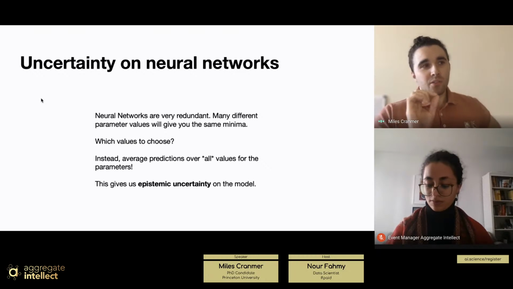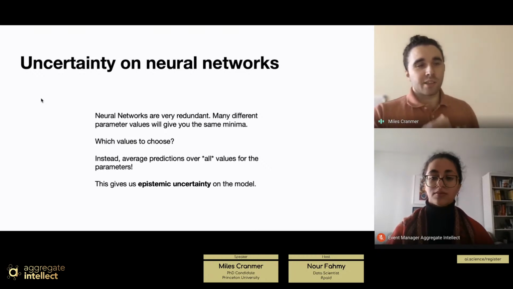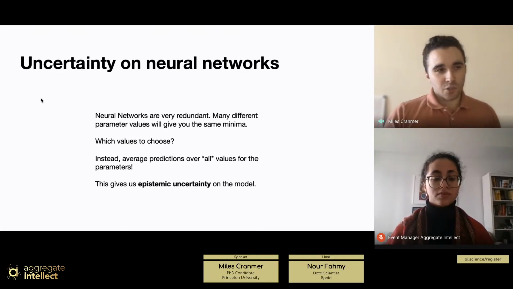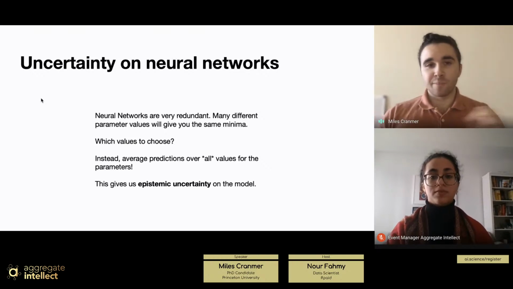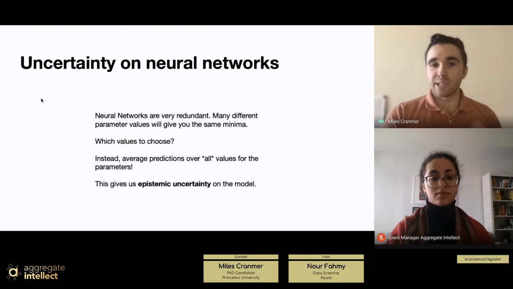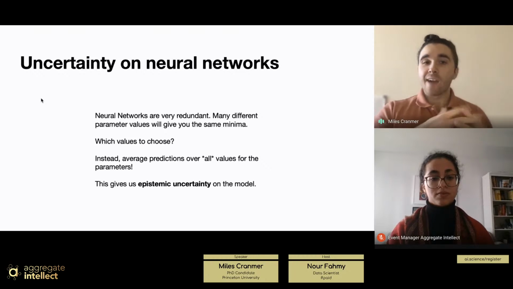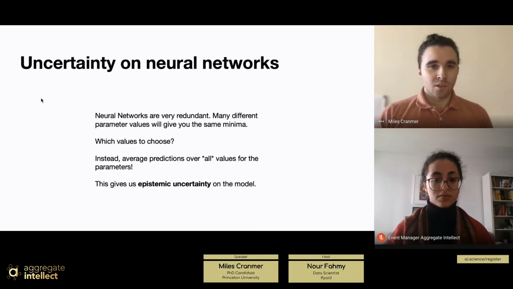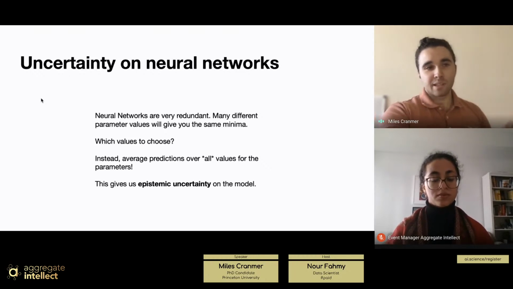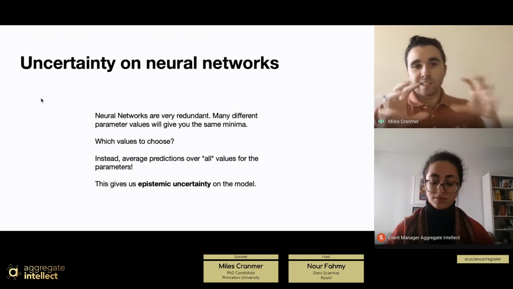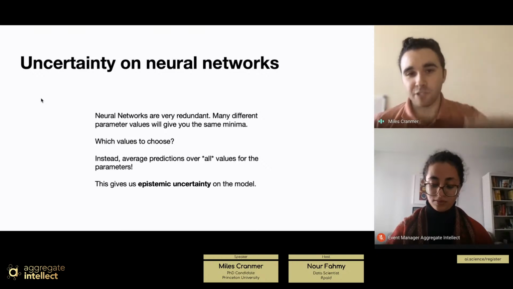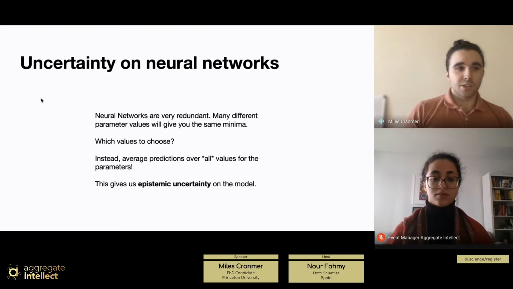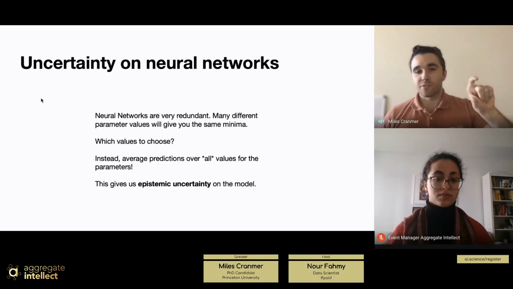The way you deal with this uncertainty is you try to model all of the different parameter values that give you the same prediction, and you average over these models. This model gives you the same loss, and this model gives you the same loss. You take those models, predict with both of them, and then average over them. And you can look at the spread of those models too.